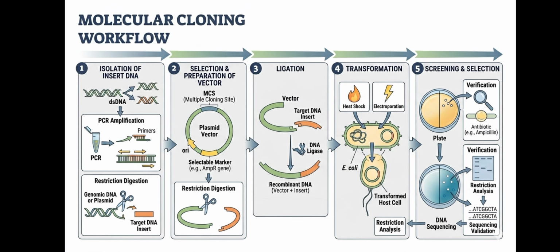It may be heat shock, electroporation, or gene gun, anything. Then it is cultured and tested for the success of the experiment, and then the bacteria is further processed downstream to produce insulin. So this is the molecular cloning workflow.